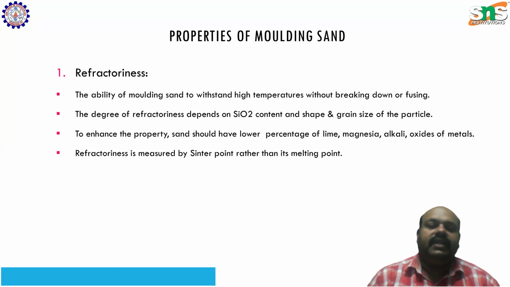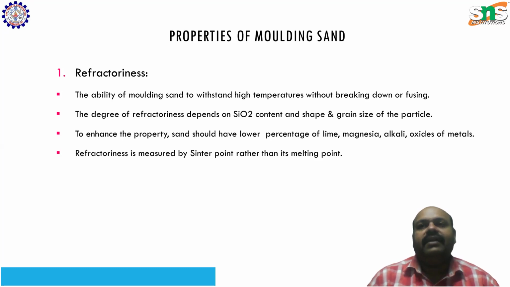You have taken molten metal in a ladle, and when you start pouring it, the temperature of the molten metal will be very high. In that case, the molding sand, which is rammed with the pattern and creates the cavity, should withstand the high temperature without breaking.